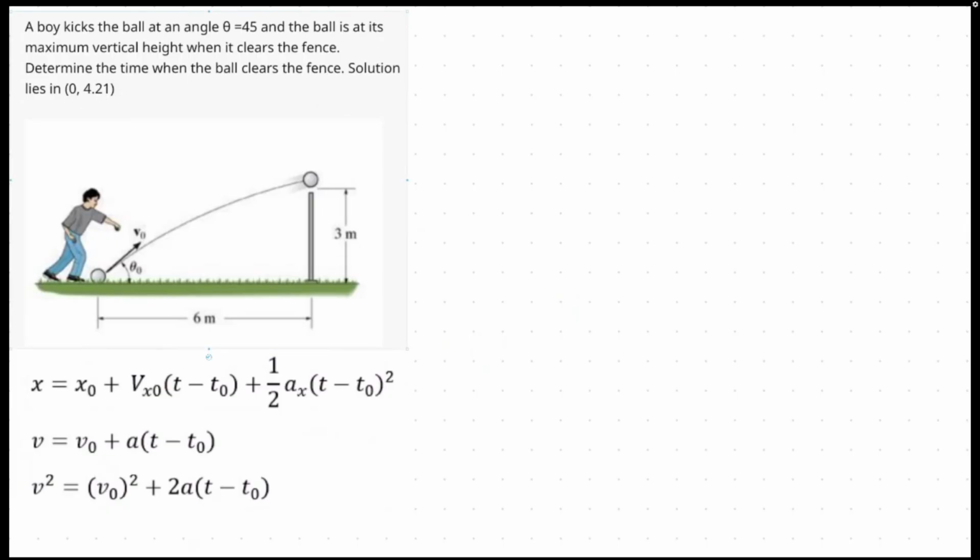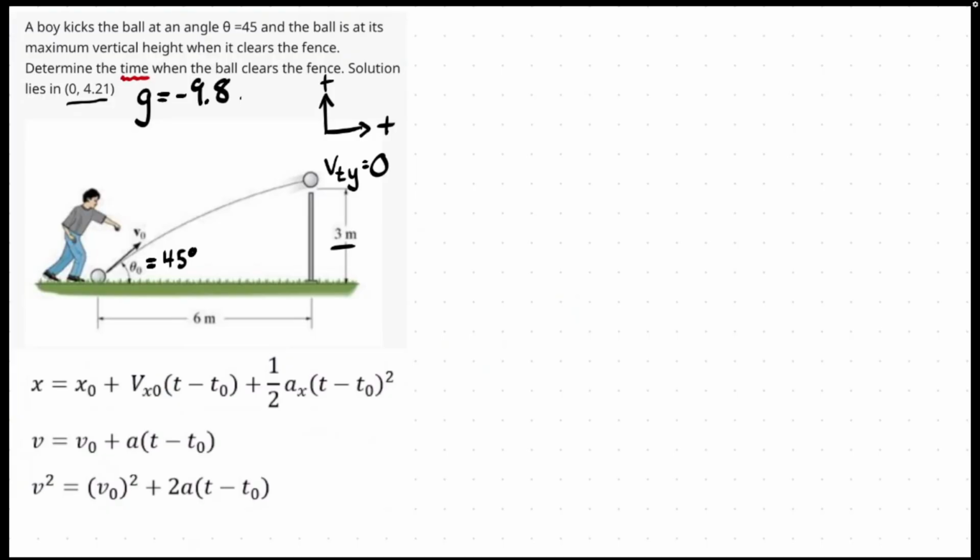We're given that the velocity, right, of this thing at this point t, or at this point in time when it's going over, horizontally, it's some number, but vertically, right, so in the y, it's 0, right, because it's at its maximum height. This is in the last problem. So let's see what we can do with that.